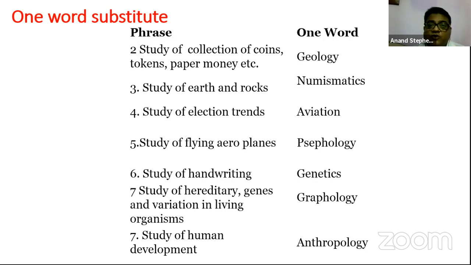Study of collection of coins we call numismatics, and the person who collects is a numismatist. And study of election trends is psephology, and the P is silent here. Psephology.